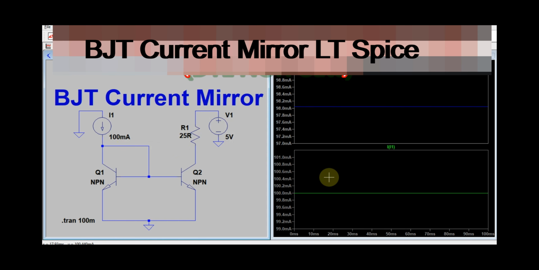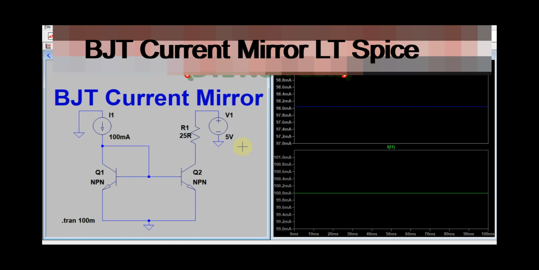What I see is the current flowing through this resistor, IR1, is equal to 98 milliampere, right? When the load resistance R1 was 50 ohm, the current flowing through R1 was 97 milliampere. Now I reduced R1 to 25 ohm, and you can see IR1 is 98 milliampere, right?